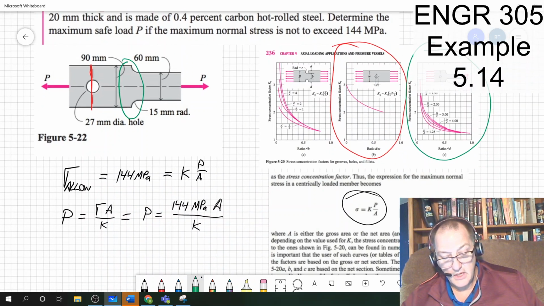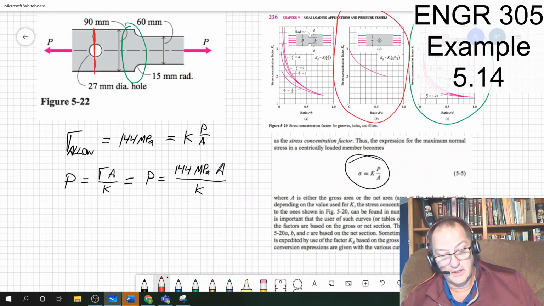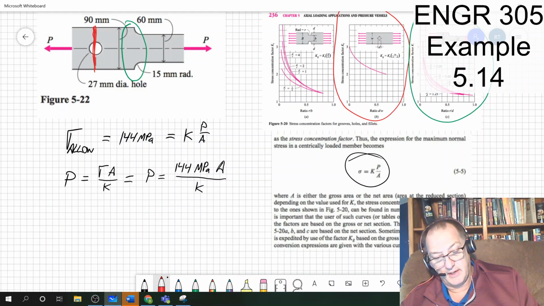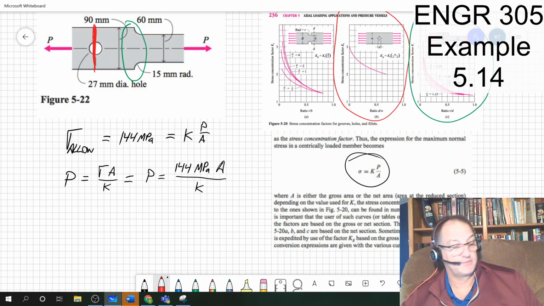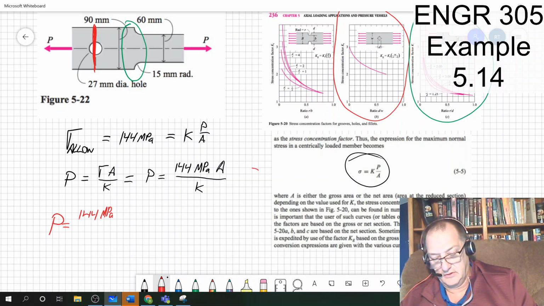So I'll start by solving the red problem, and what I mean by that is I've got to find my maximum load through the section where I've got the hole. Then P is equal to sigma, 144 MPa. And now I'm back to, I need to know what my area is.